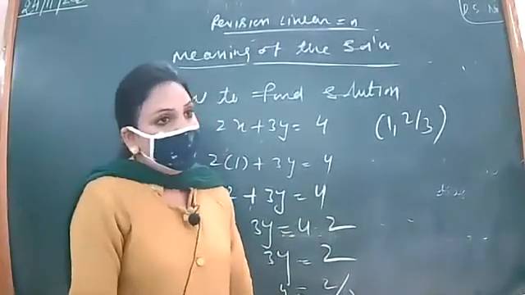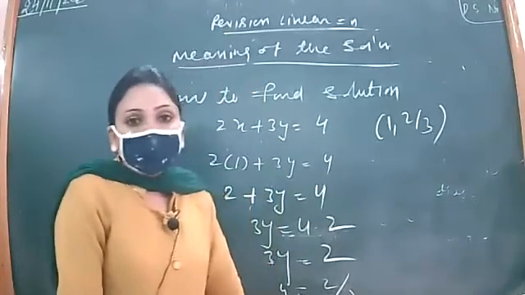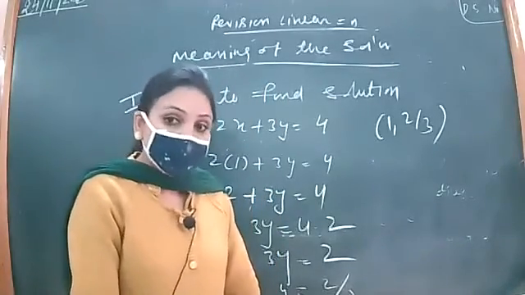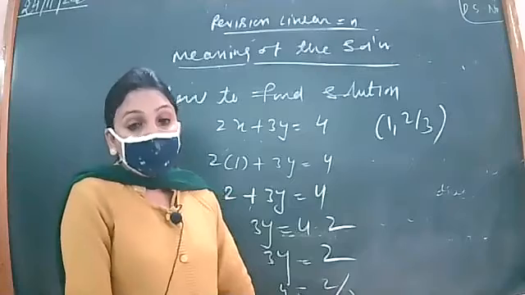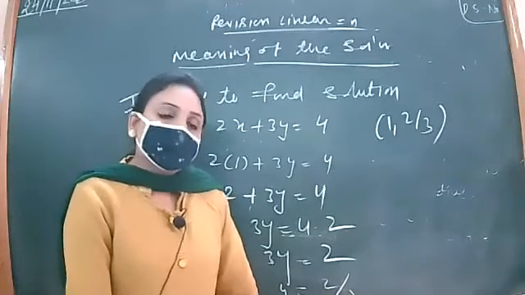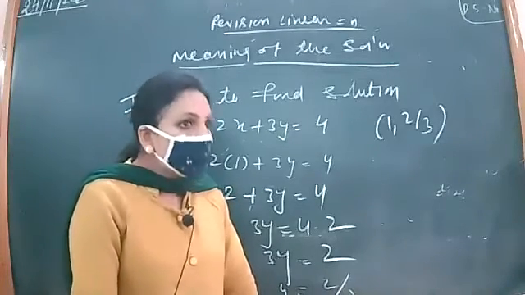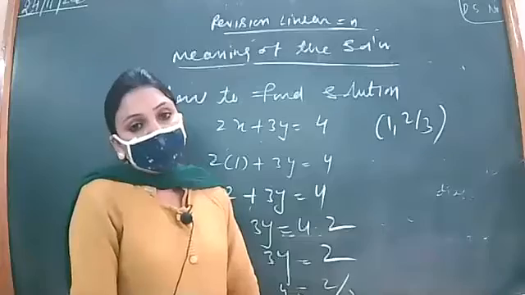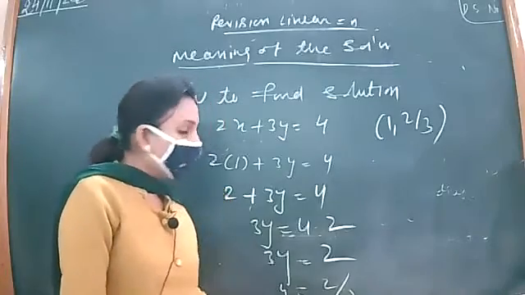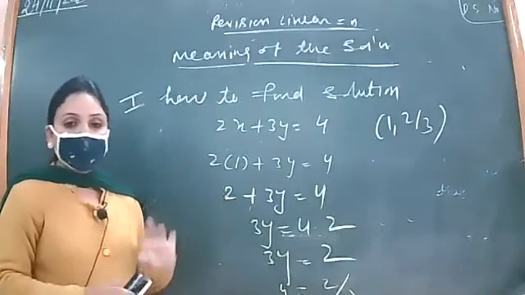So if someone asks how many solutions a linear equation in two variables can have, your answer will be infinitely many solutions. A linear equation in two variables always has infinitely many solutions.